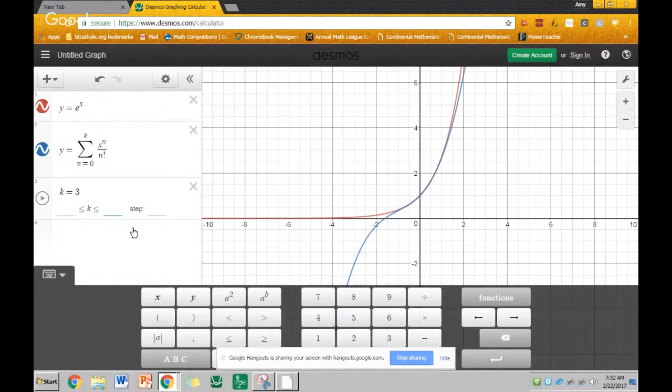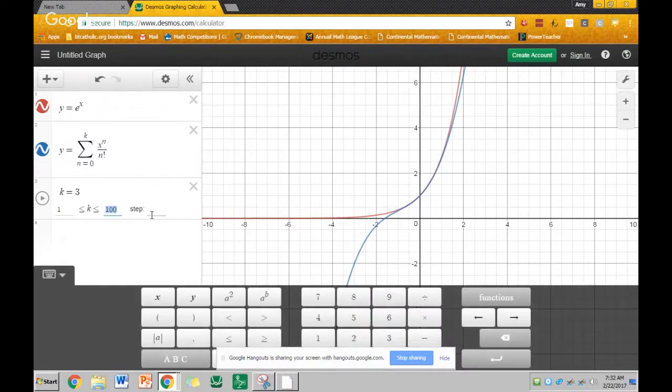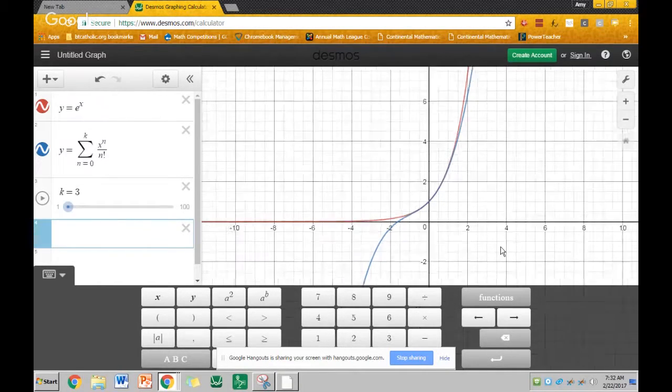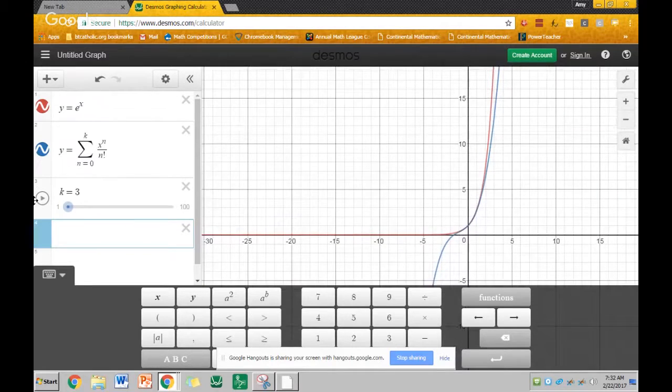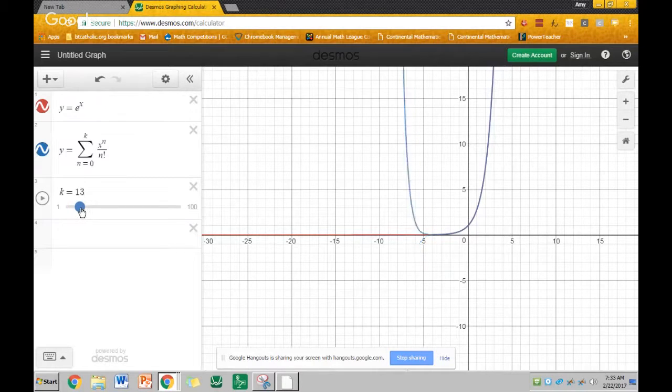So I'm going to adjust this so that our k starts at 1, and let's go to 100 and have our steps be in increments of 1. All right, and I'm going to zoom out here so you can see what happens as we increase k. What happens is we keep getting polynomials here, and what's happening to the interval of convergence?